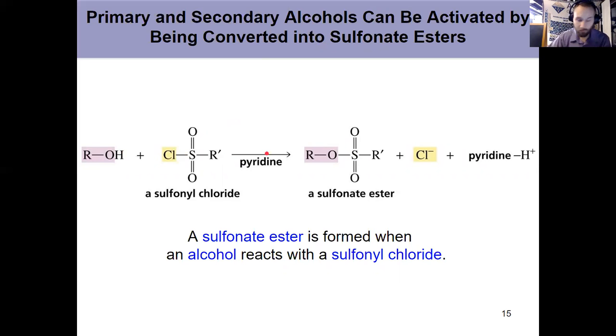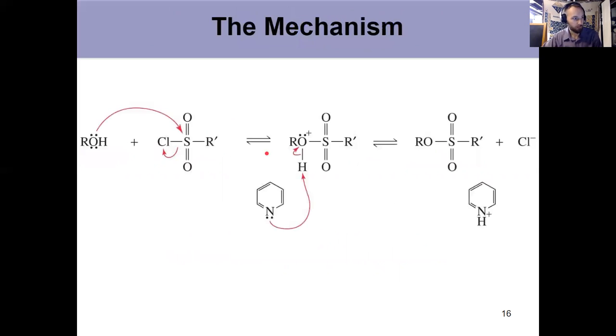It's an SN2 reaction. Mechanism looks like this. Your alcohol attacks your sulfonyl chloride, kicks off chloride. Then again, just like we've seen before, pyridine comes in here, acts as a base, prevents your intermediate from going back. Just a simple conversion.